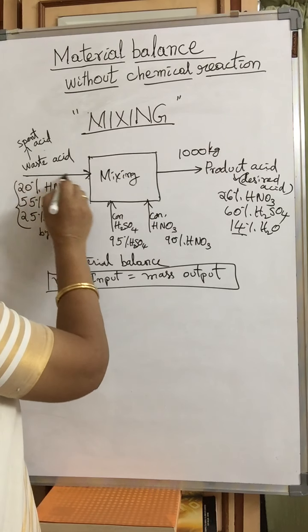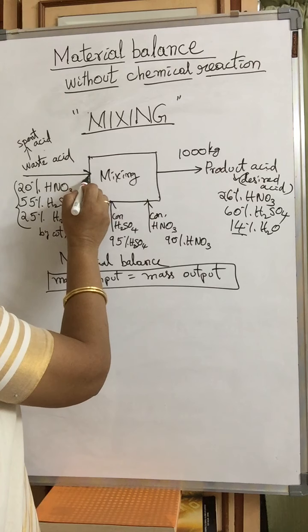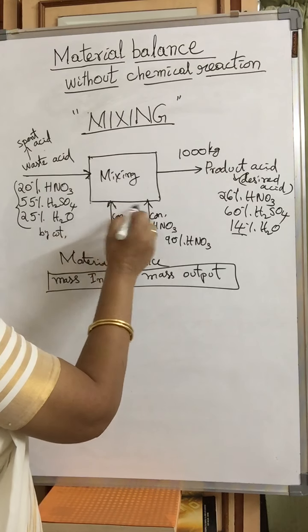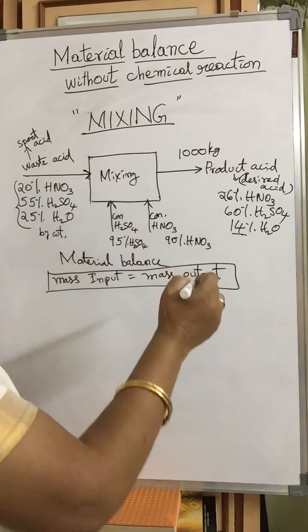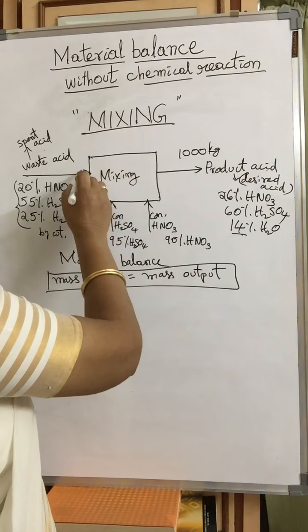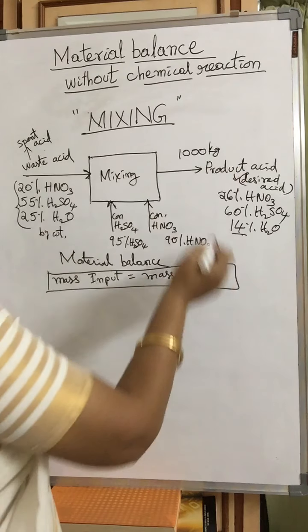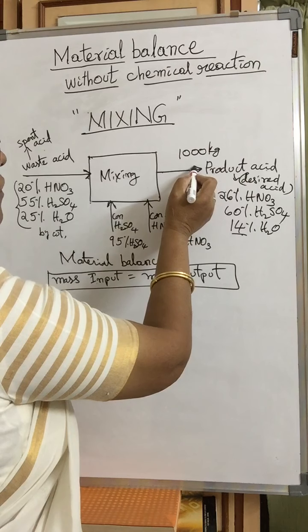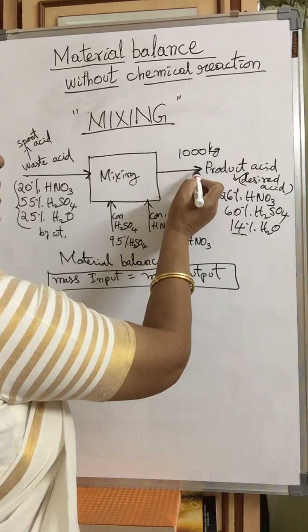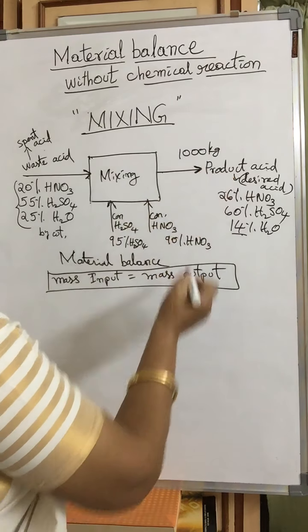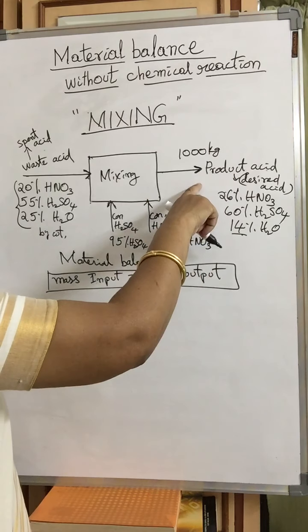The arrow mark towards the box indicates input. So here 3 inputs are there, 3 streams. The sum of all these streams should be equal to the output. The arrow mark leaving out is the output. Here under output only 1 stream is there.